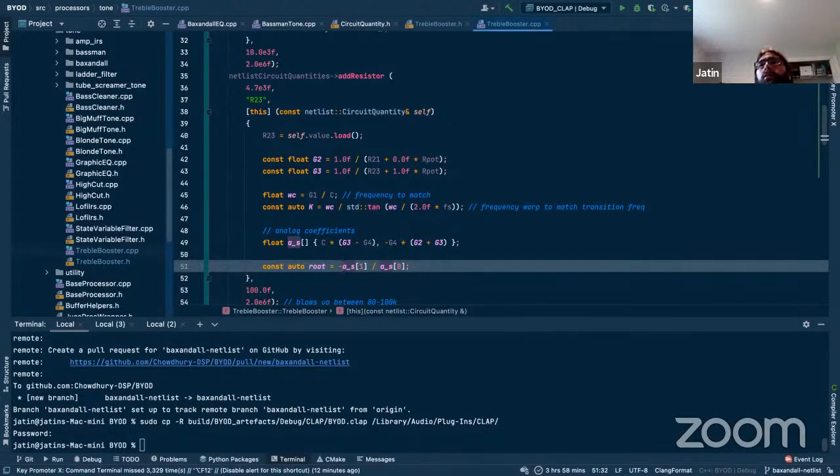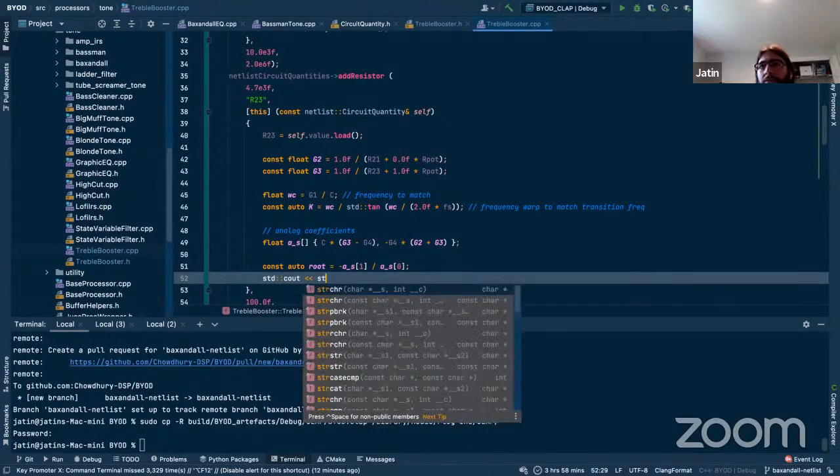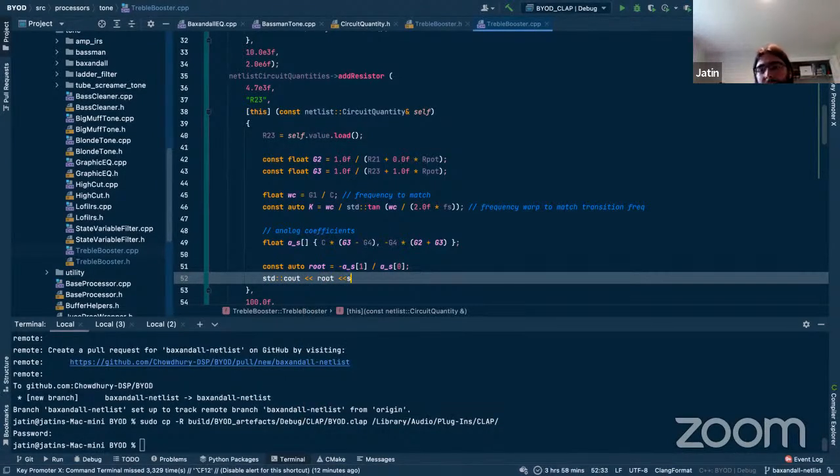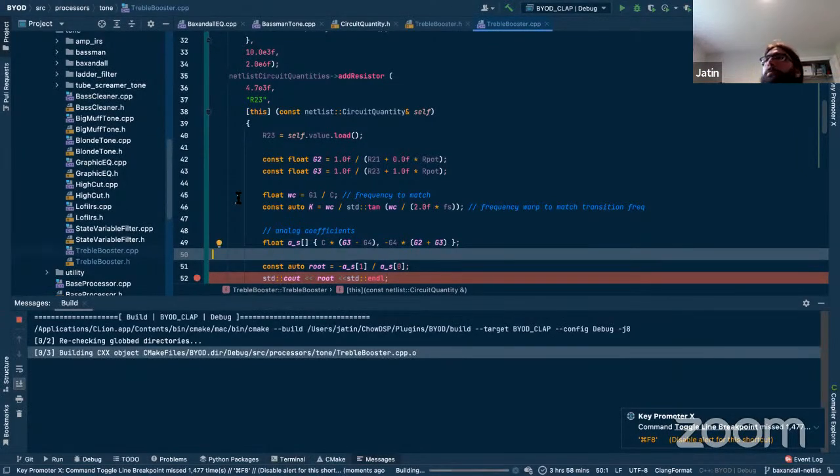So we should be able to have a look at this now. So let's do this. We're not really supposed to do this because we're doing cout on the real-time thread, but this is just for a temporary test, so who cares?